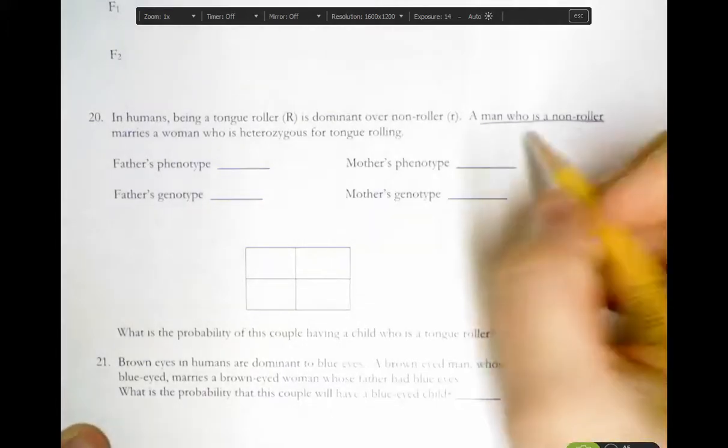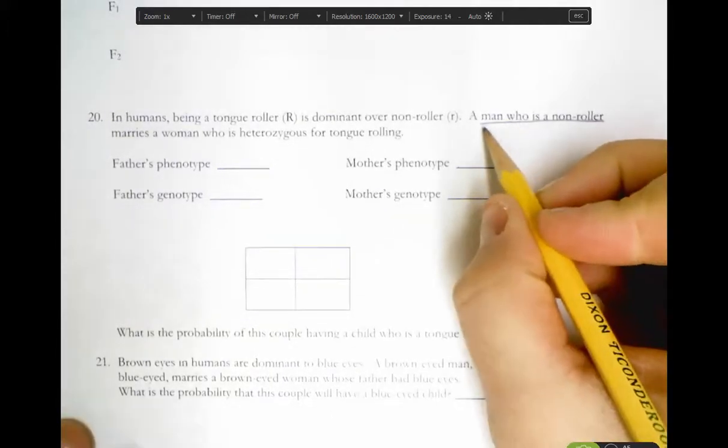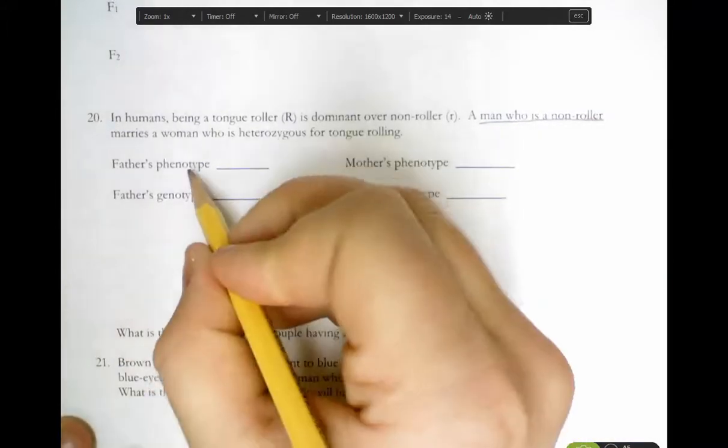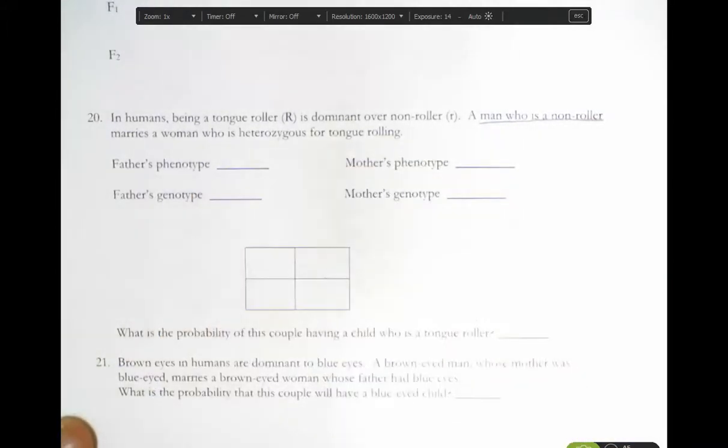So we need to know what is the phenotype for a man who is a non-roller. Phenotype is the physical trait. He's a non-roller. Good.